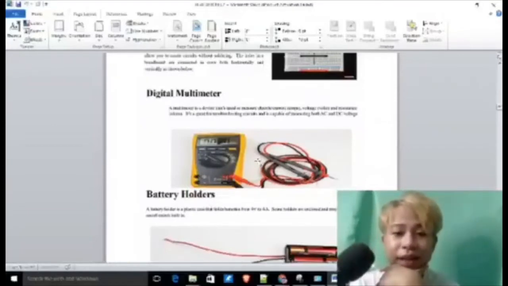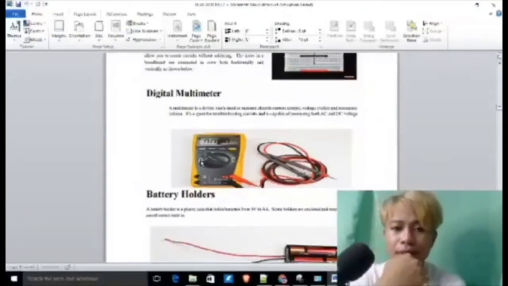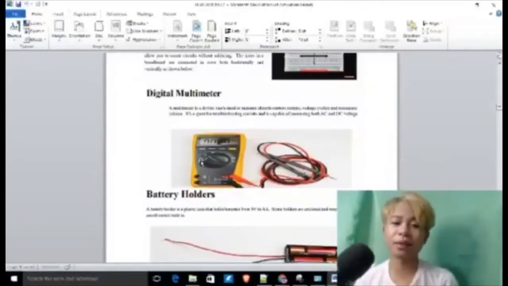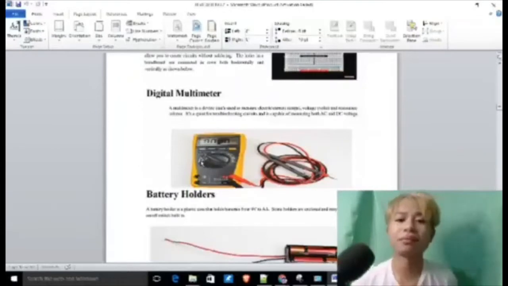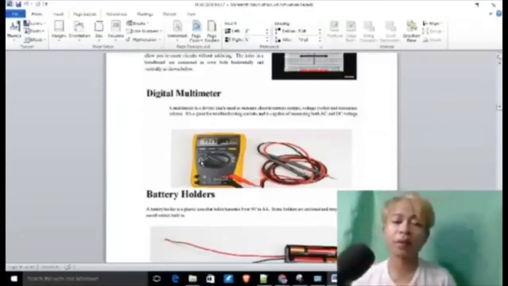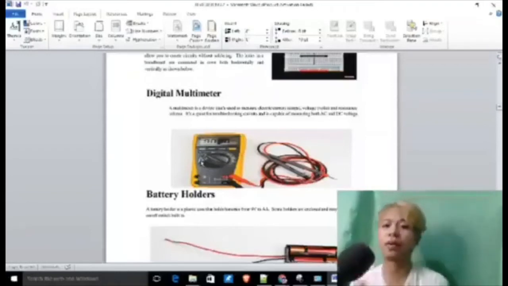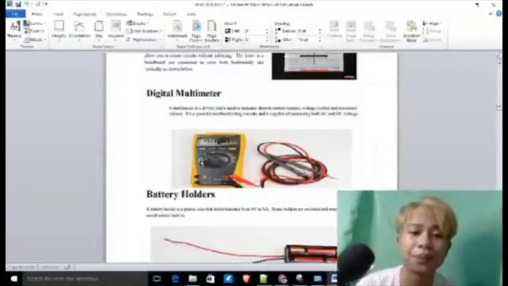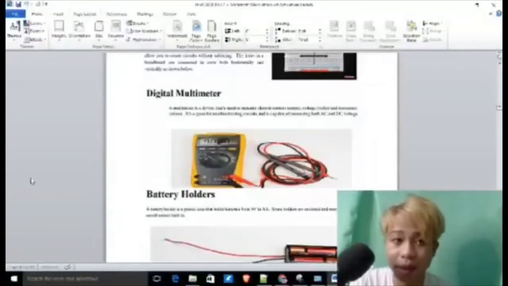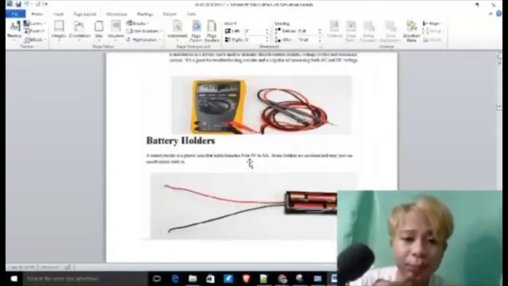I have this kind of tool here in our house, and it was very helpful because it can prevent damage to your device. You can identify what voltage, resistance, or current is suitable for performing your activity. It really helps to minimize damage to your tools. It's very helpful.